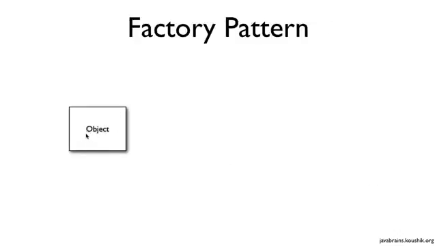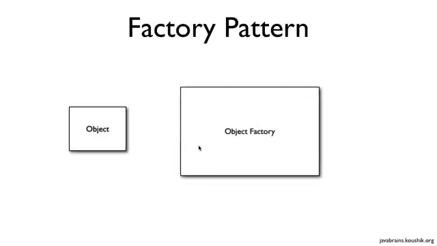Now again, I have the object here. Instead of creating a new object B, I make a call to another object which is a factory object. Now I have this object factory, which is again another Java object, but the whole job of this object factory is to create new objects and then hand them over to the object. It's analogous to an actual factory.